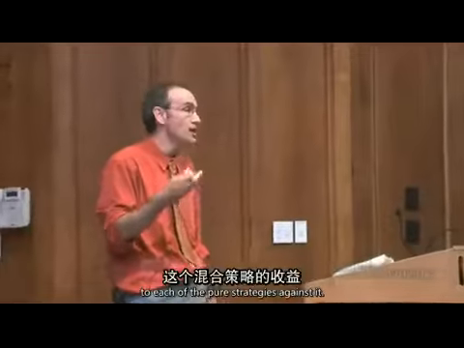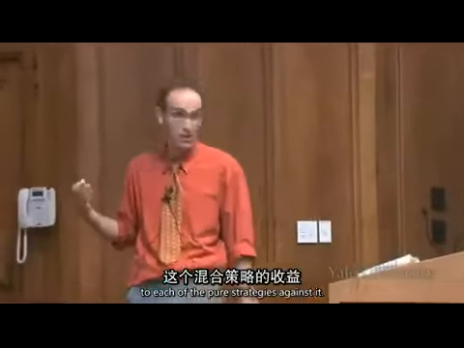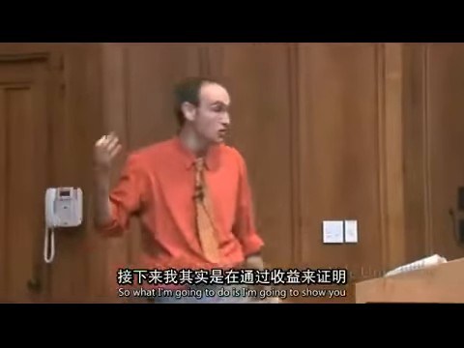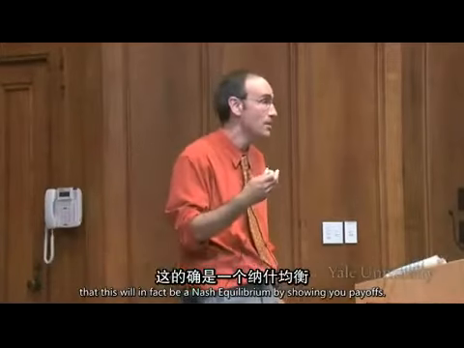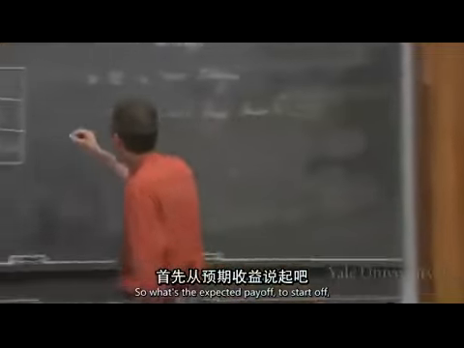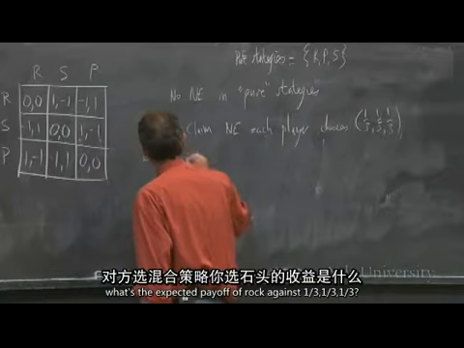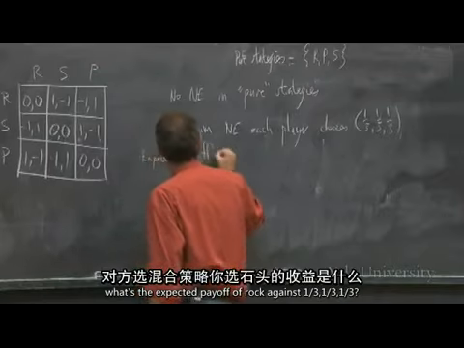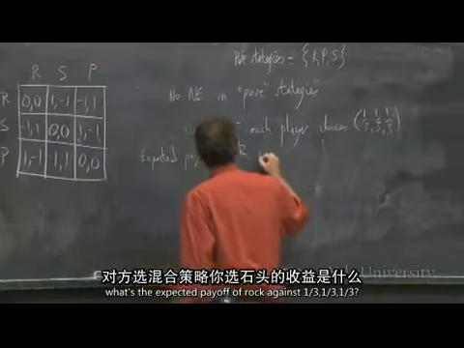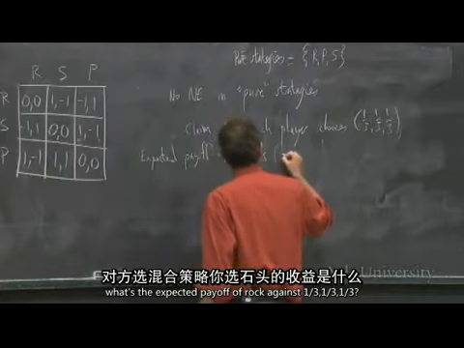Let's figure out what, in fact, is the payoff to each of the pure strategies against this. I'm going to show you that this will in fact be a Nash equilibrium by showing you payoffs. So what's the expected payoff of rock against a third?